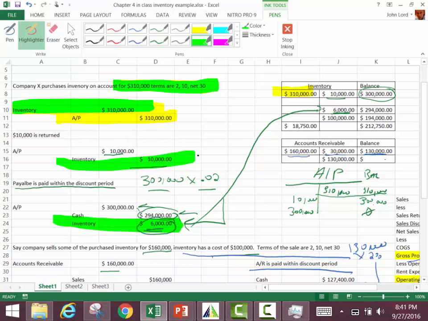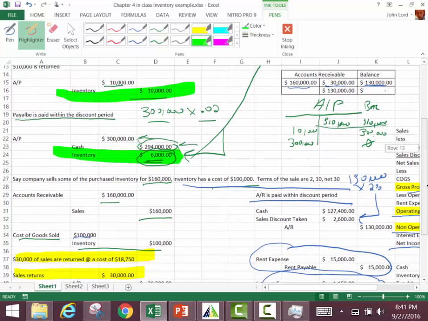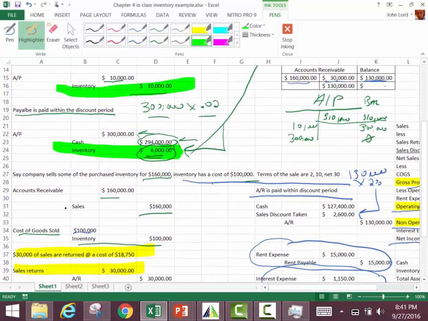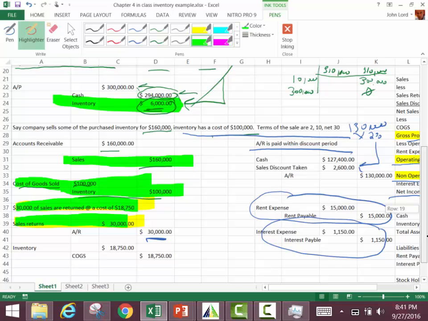Okay, if you're dealing with our sales now, we call it sales instead of revenue. Okay, we have now what? Cost of goods sold, and we take that out of our inventory, and then if we have what? We have returns. We put those into an account called sales returns. We go ahead and obviously credit the receivable for that. And then what?